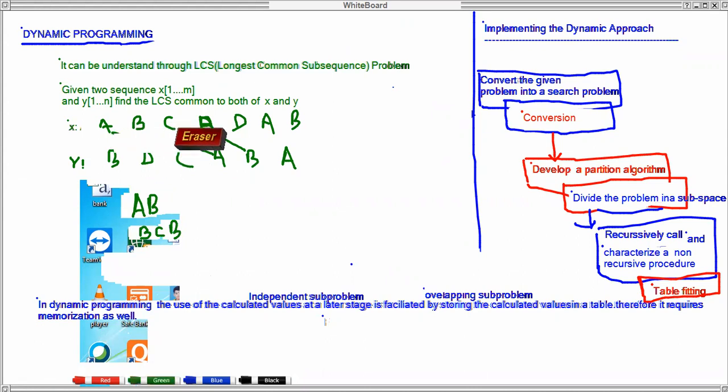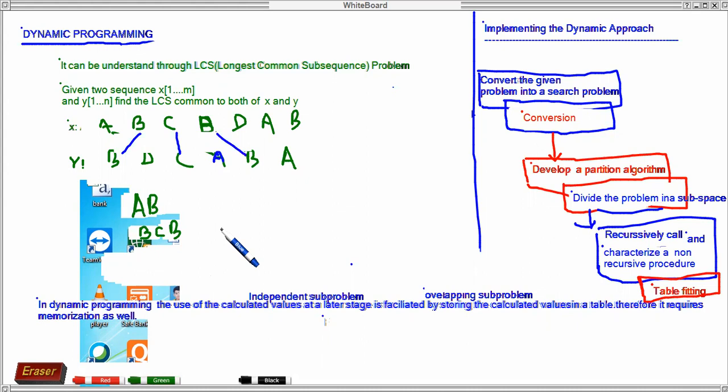From this also I can choose BCB. Just choose B, then C, then B. You can choose the longest sequence like this. This is a subsequence with length 3.